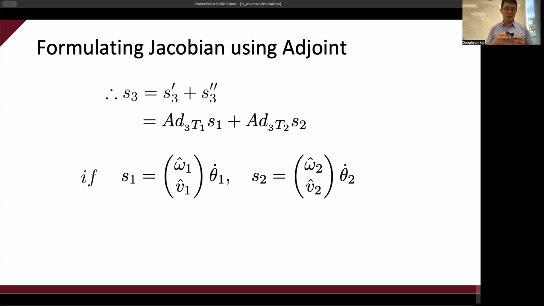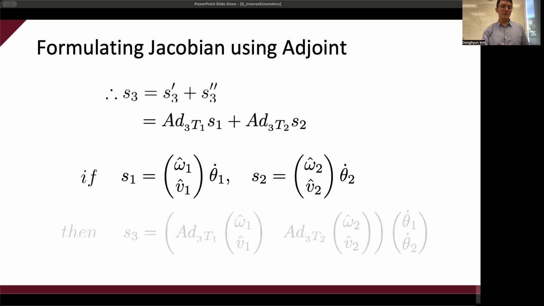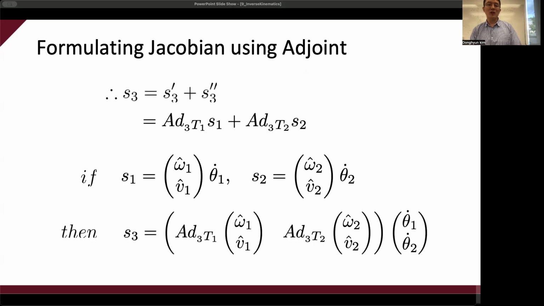This S1 and S2 is actually really simple. In the case of this one, S1, which is the first joint axis, is nothing but 0, 0, 1, 0, 0, 0. Okay, then we can make these things into matrix form by picking up this theta1 dot and theta2 dot. Then this is exactly the Jacobian form, right? So we can use this for Jacobian calculation.